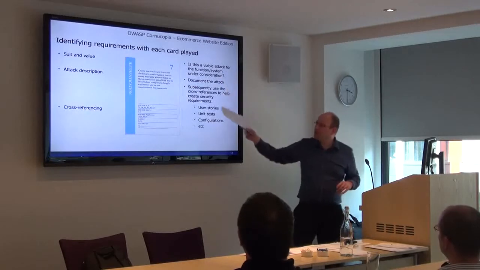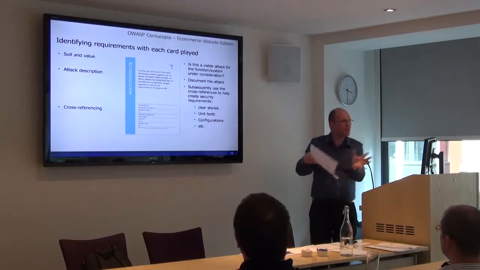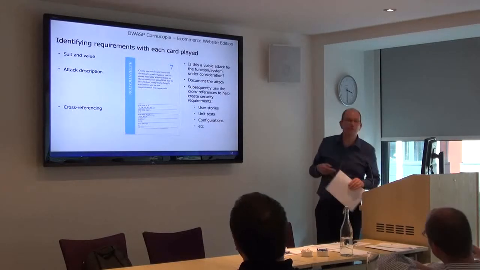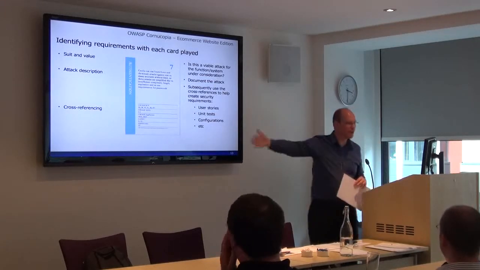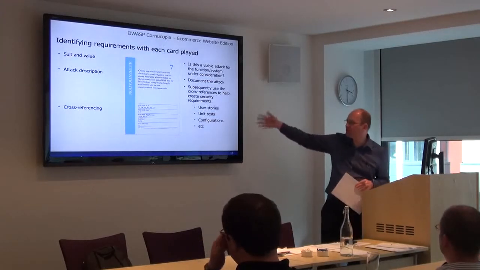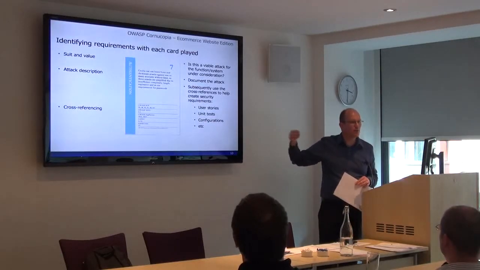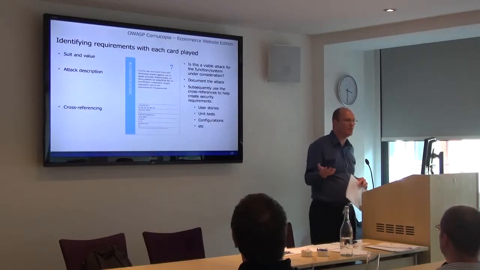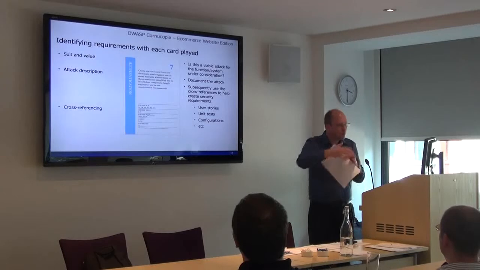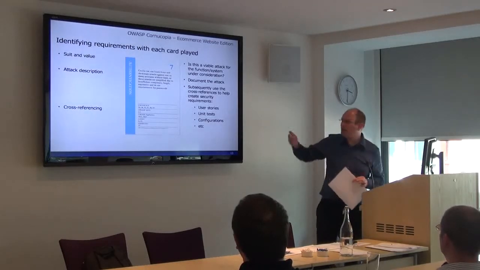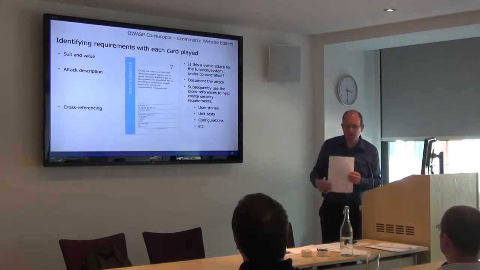What you want to do is read the text and say, is it possible that that could occur in this situation that we have here? Okay? And if it is a viable attack, document it briefly, and then subsequently, perhaps look at some of those cross-references to work out what other things you're going to need to do to either prove that it is an attack you need to worry about, whether there's anything else that mitigates it, perhaps outside the scope of what you were assessing, and then possibly start writing things like user stories and unit tests and so on to make sure you can avoid it.